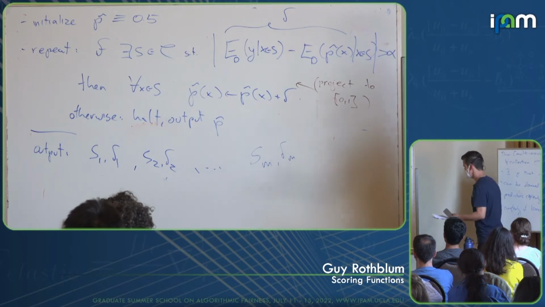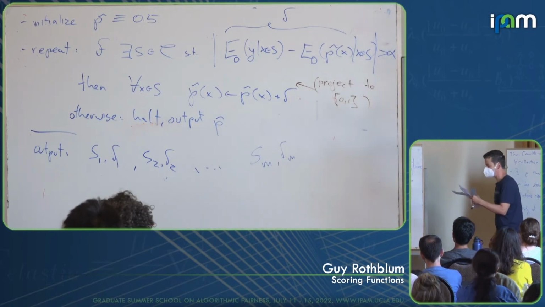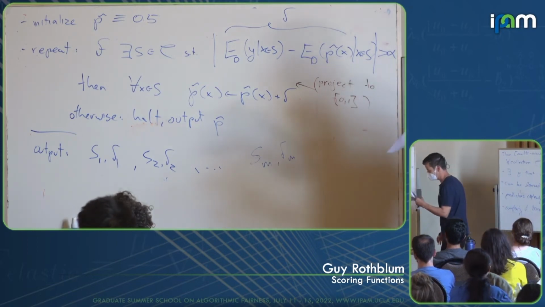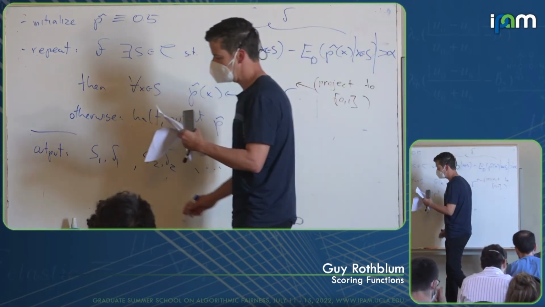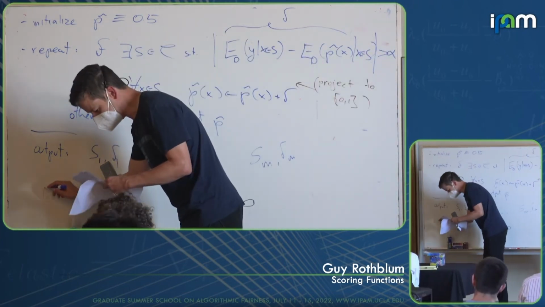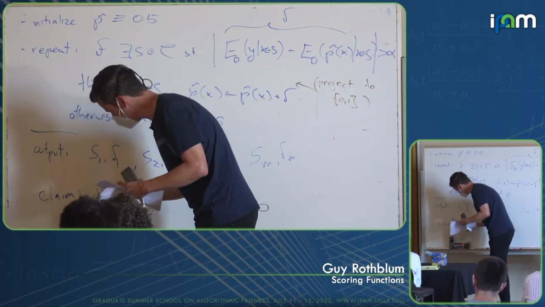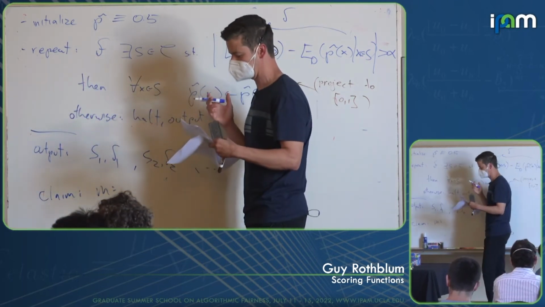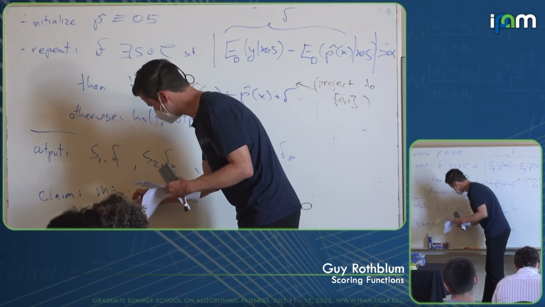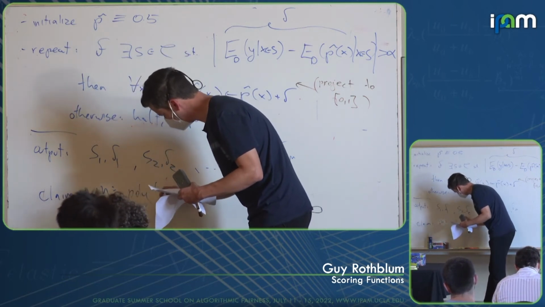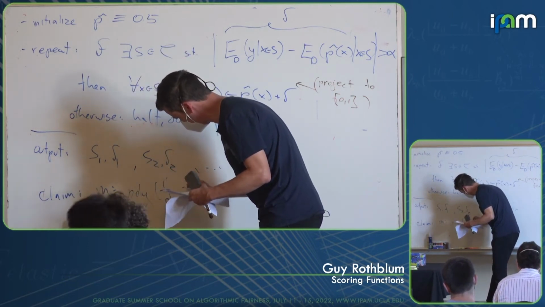Okay. So, good. So the question is, what is n, right? Once we stop, we're happy, but will we stop? So the claim, or the theorem, is that the number of iterations we have is going to be just polynomial in 1 over alpha and 1 over tau.